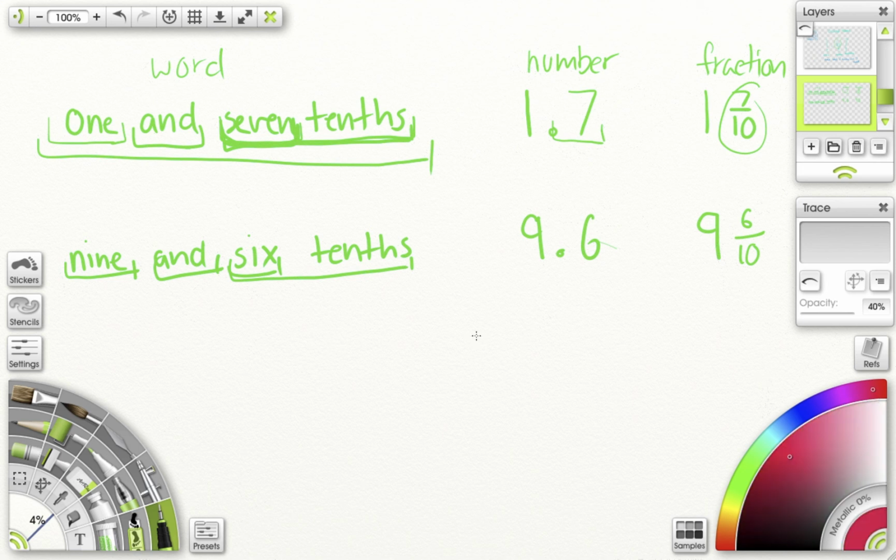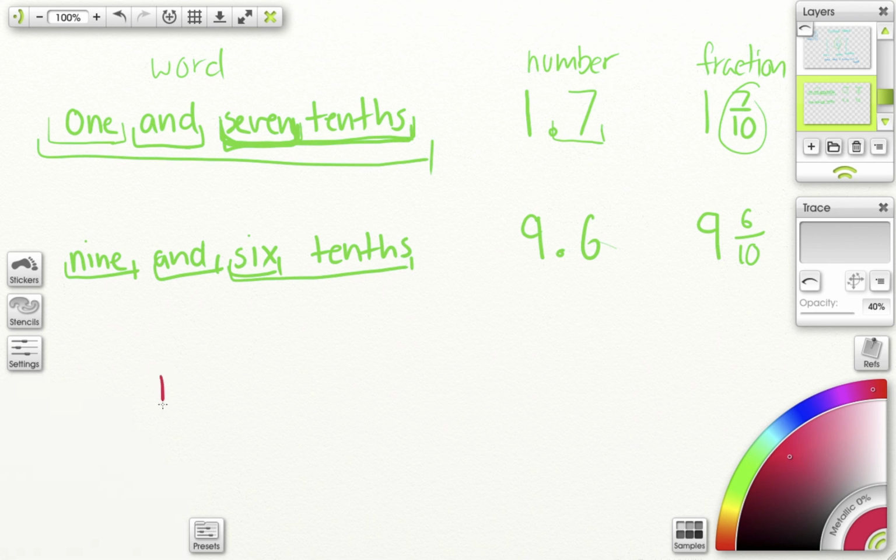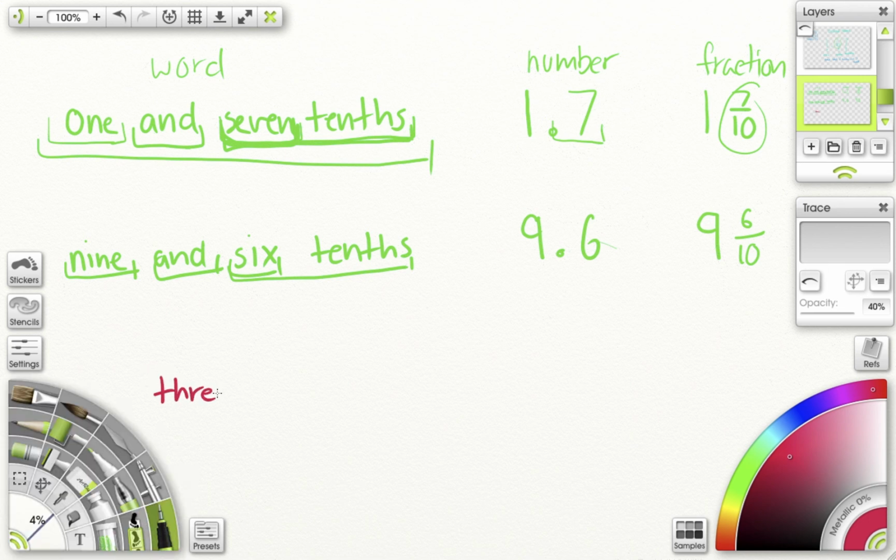Let's try one more. This one's going to be a little bit different. 3 tenths. What's different about this one?